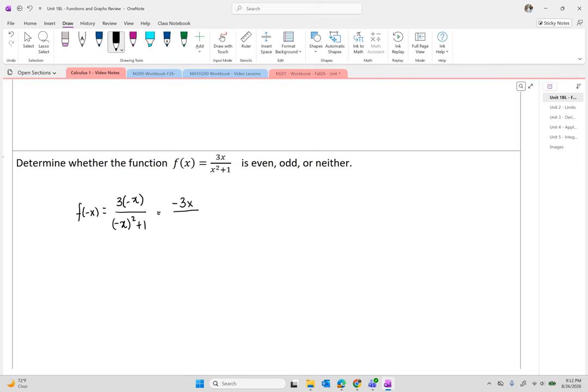In the denominator, negative x, when you square it, is x squared, plus 1. I will take this negative sign and move it to the front of the fraction. So I will get negative 3x over x squared plus 1. And that is equal to negative f of x. This makes this function an odd function.